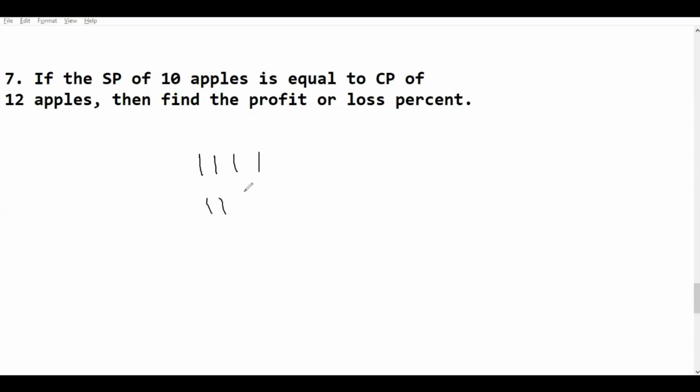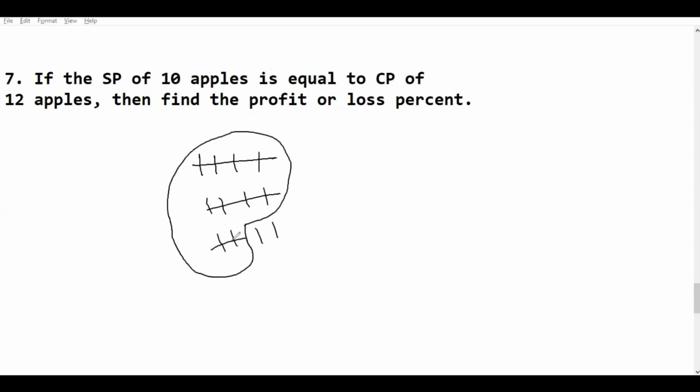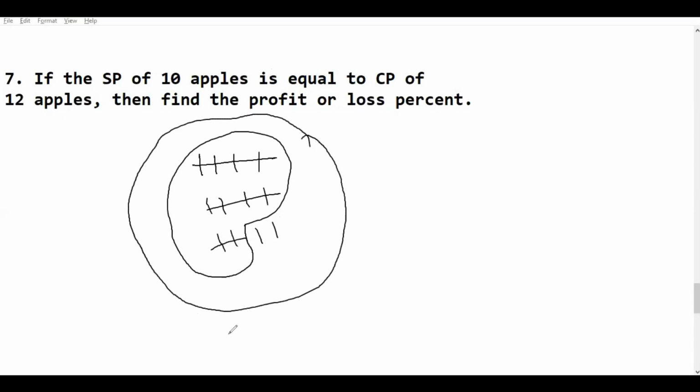You sold 10 apples out of 12. By selling these 10 apples, you are able to get the cost price of 12 apples. Means whatever you invested, you already got back. So if you sell the remaining two, that is your profit only.